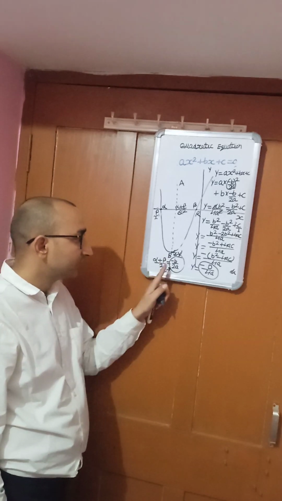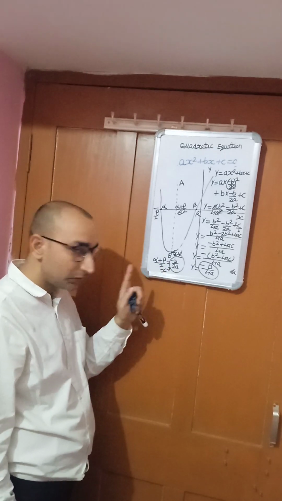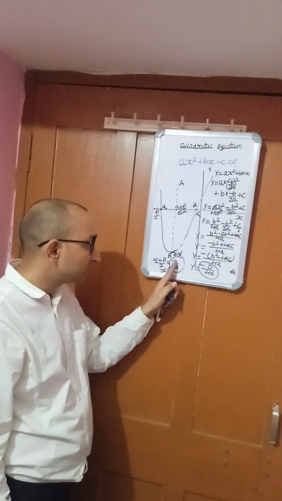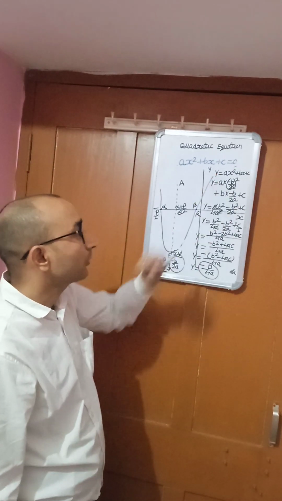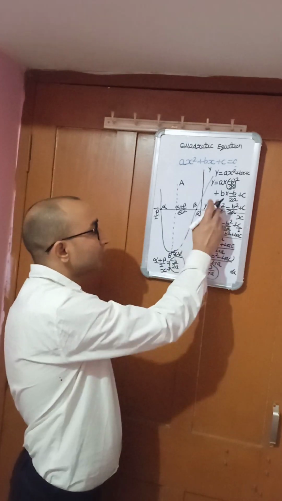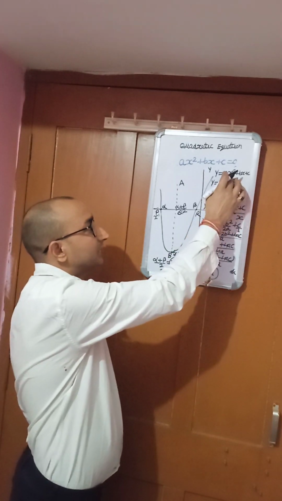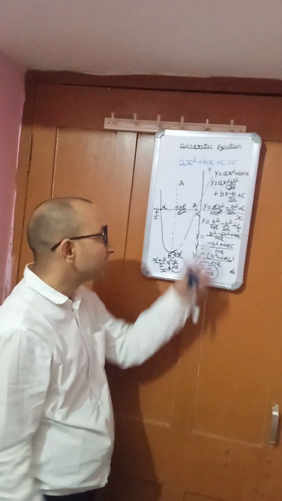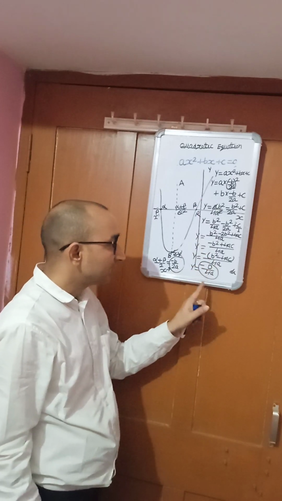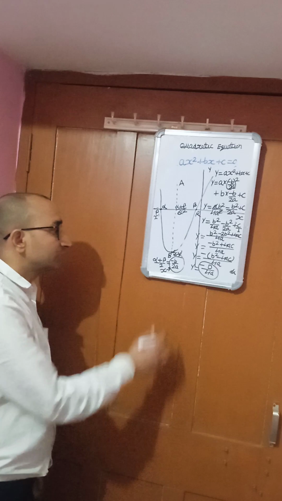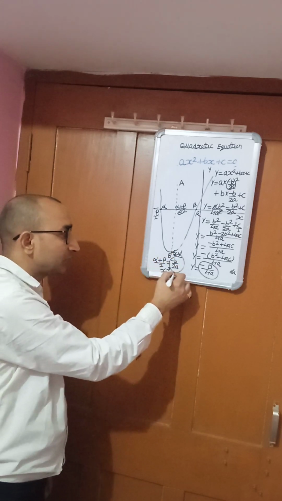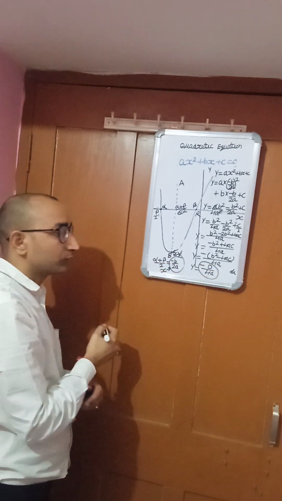So when we divide minus b by a by 2, it becomes minus b by 2a. And to find the value of y, I have put this value of x coordinate and calculated in this way. I have got y is minus D by 4a. So the vertex is minus b by 2a and minus D by 4a.